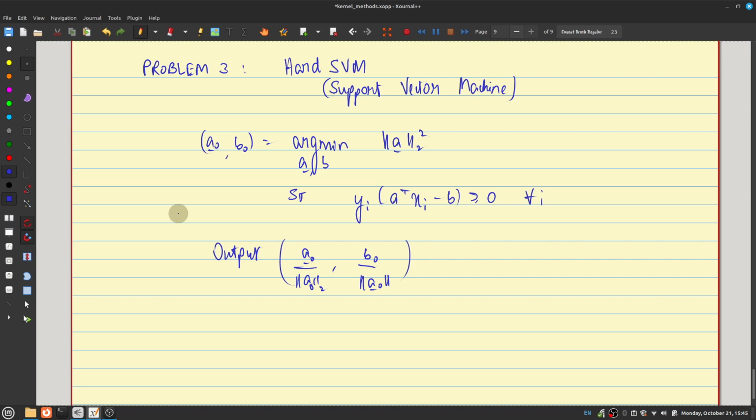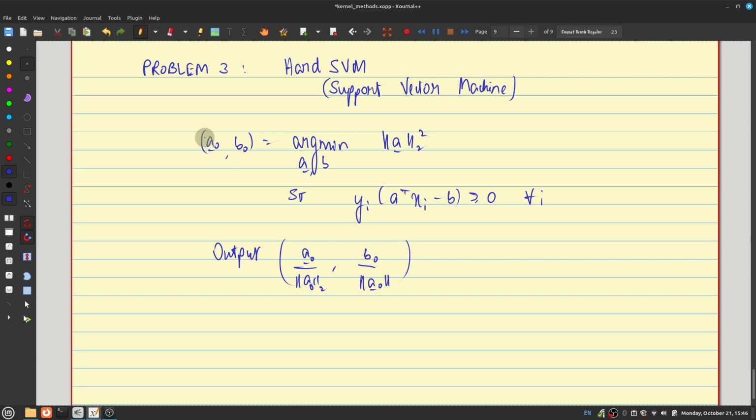But nevertheless, this is a convex optimization problem. It's in fact a quadratic optimization problem. I have a quadratic objective function and a bunch of linear constraints, so this is great because I know how to solve this efficiently. And this (a0, b0) is not exactly my solution. I'm finally going to normalize (a0, b0).